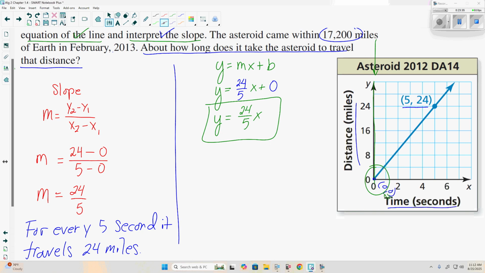Because we're asked, what did it ask? The amount of time, yes? So we're trying to find the value of X, because X should give us our time. So we have to plug 17,200 in for Y. And we have to find the value of X.